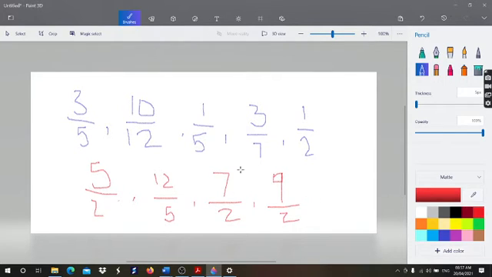Now in improper fractions, the numerator is always greater than the denominator. Correct. You see.